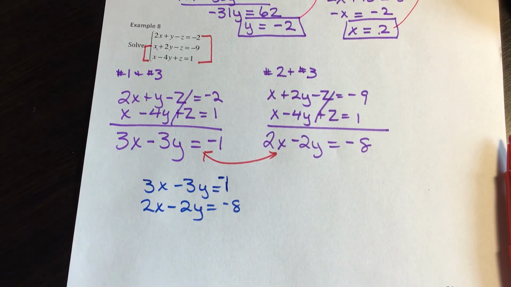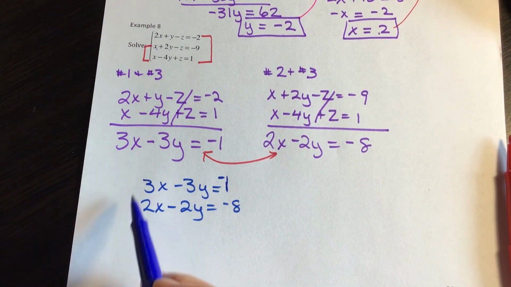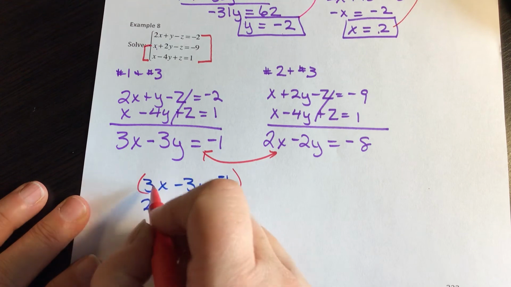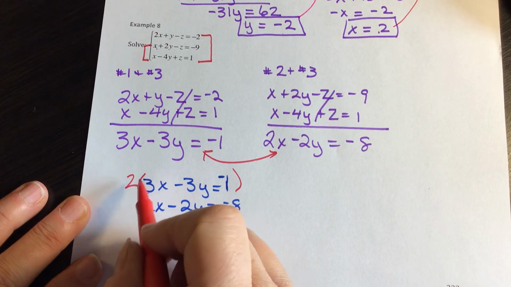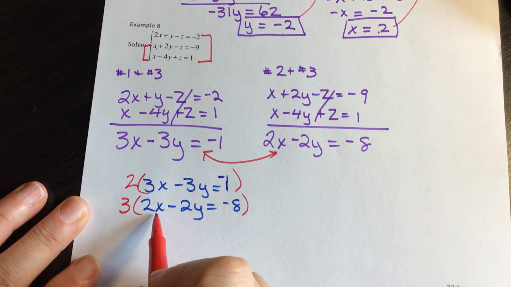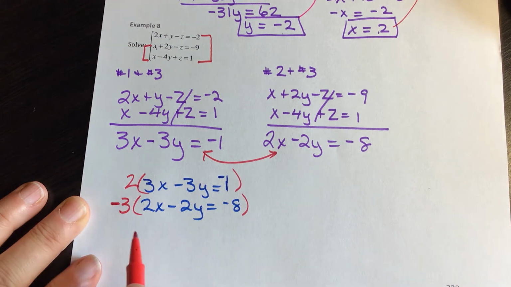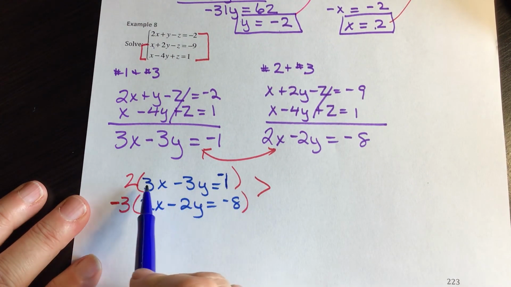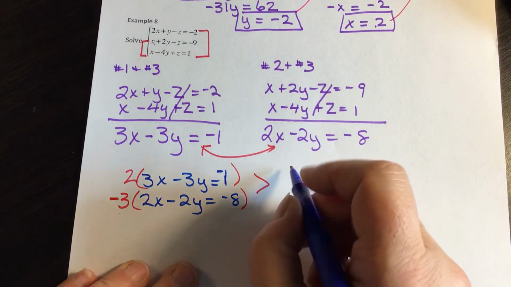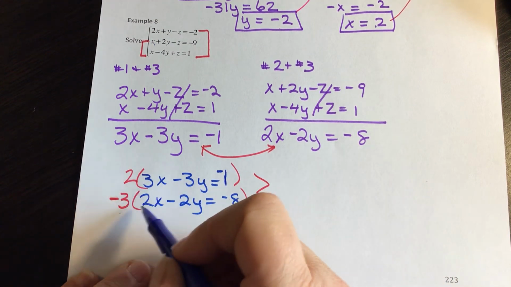Here I'm going to have to multiply both of the sentences to get a common coefficient. So this first sentence, let's say I multiply this by 2, and that would give me 6x. The bottom, if I multiply by 3, would give me 6x, but because I want opposites, one of these needs to be negative. So if I multiply each one of these sentences by these numbers that we chose here, I'm going to get opposites of x that will cancel.